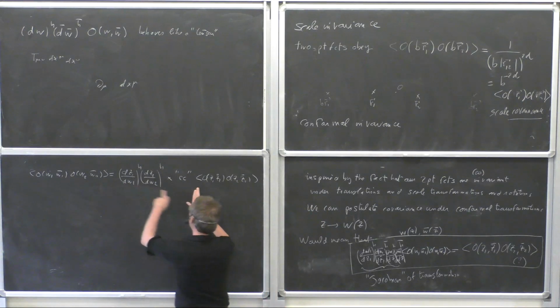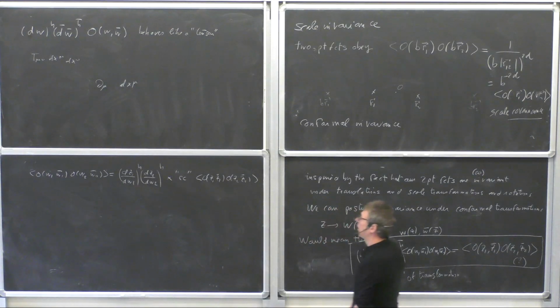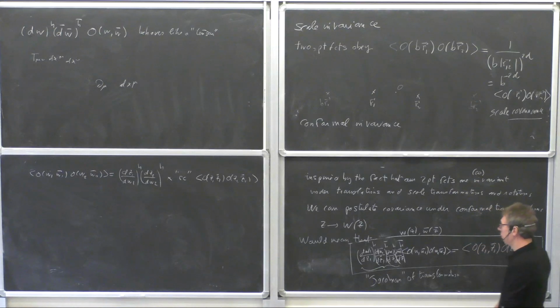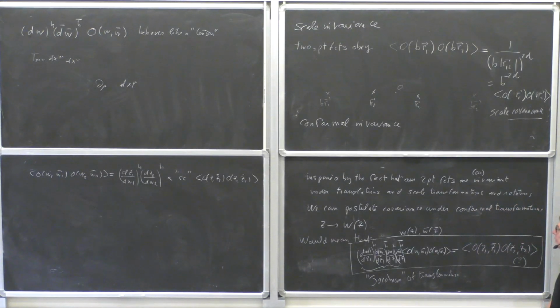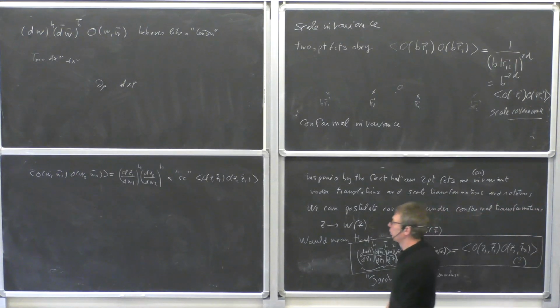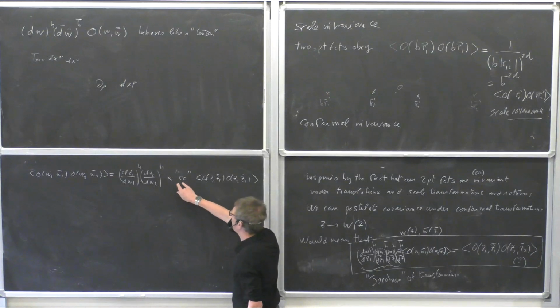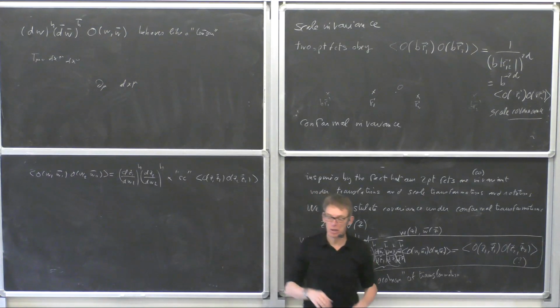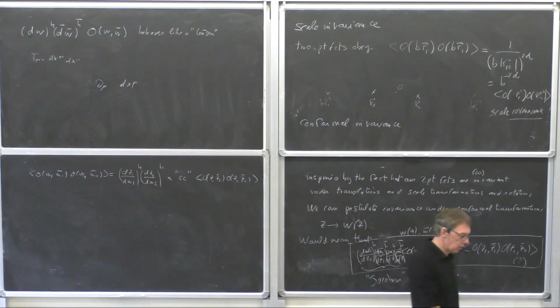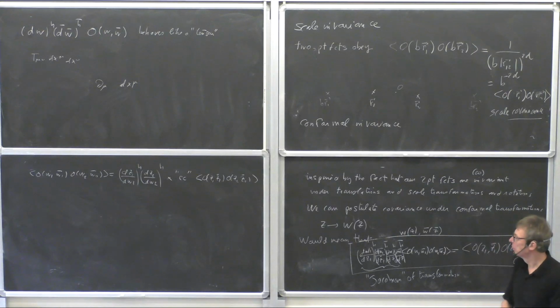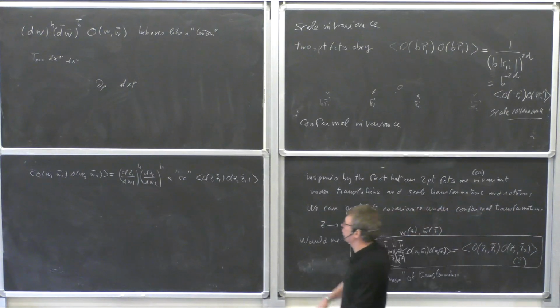So I rewrote things here, and now instead of the z and z bar, I'm going to allow myself very often to use the letters CC, like complex conjugation, meaning I put bars everywhere. I don't imply that h bar is the complex conjugate of h, for instance.